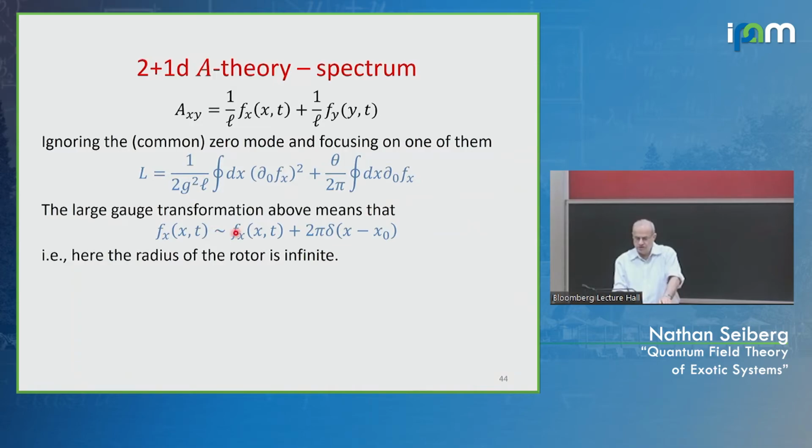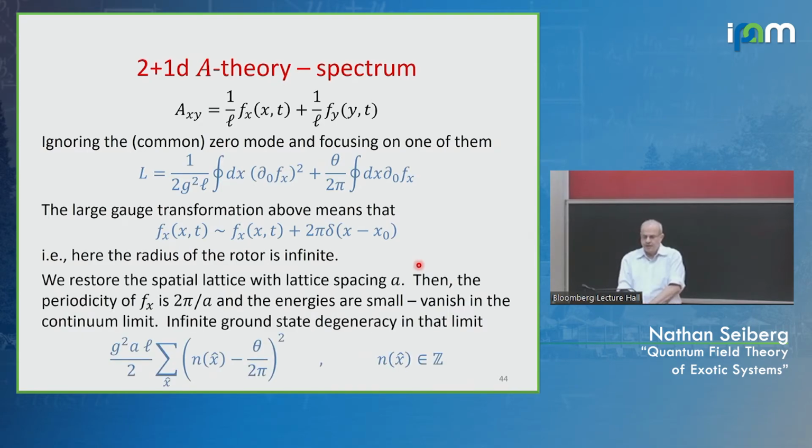But their periodicity is different. We have this delta function here. So the radius of the rotor is infinite. And the spectrum has the following form, lots and lots of states at low energy. In fact, there is an infinite degeneracy in the continuum limit. So this theory has a lot of peculiar features.